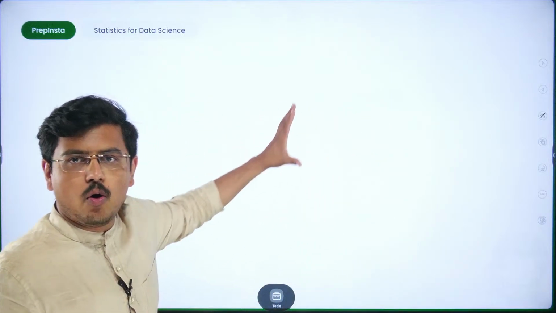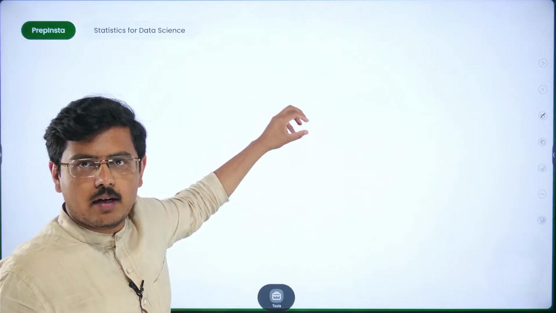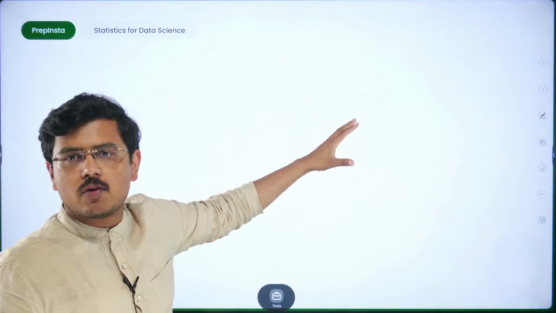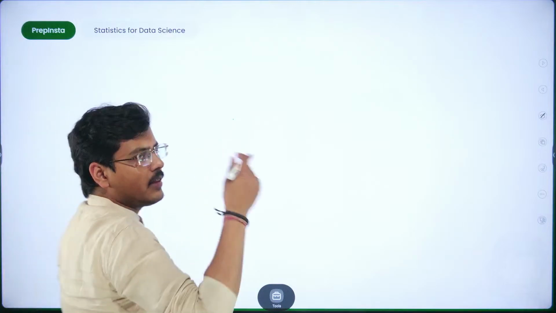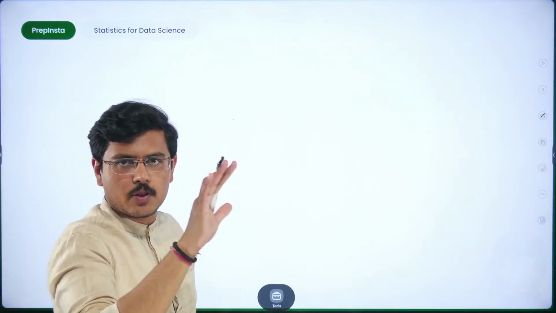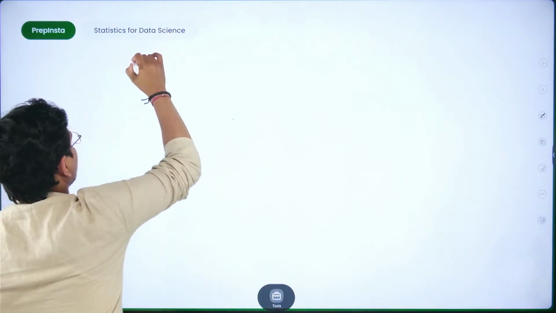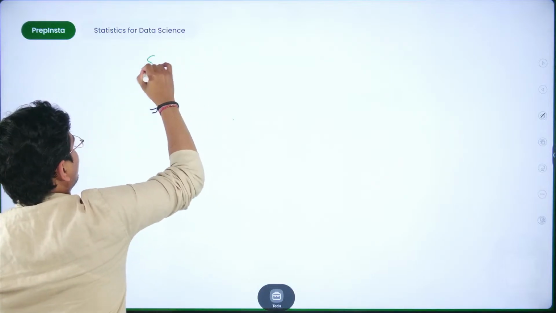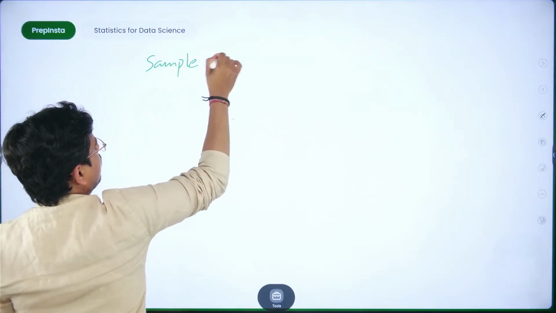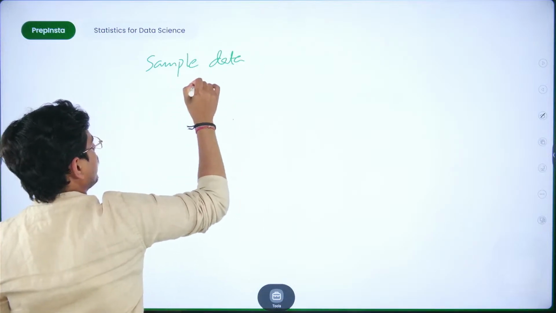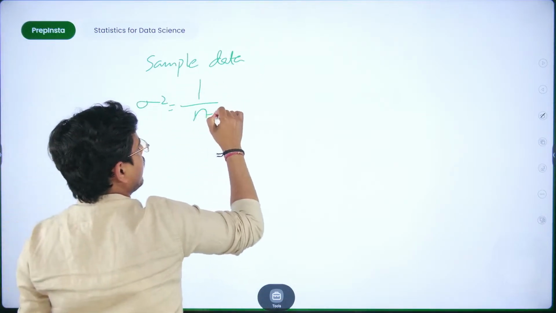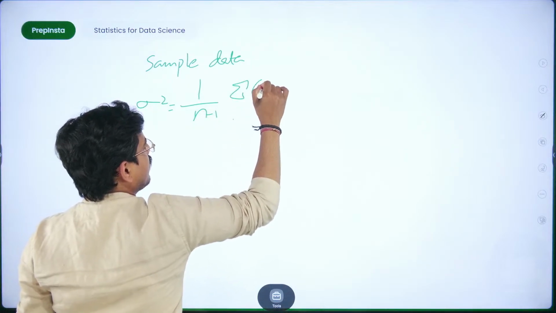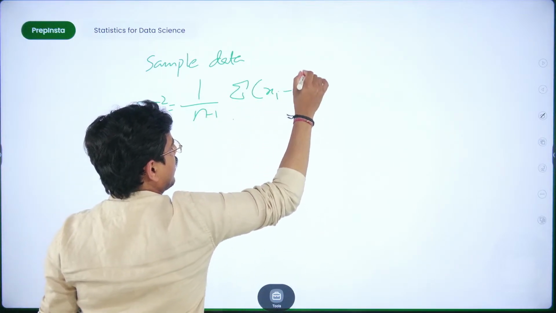You saw how large it was coming out when I divided, what kind of dispersion was existing there. The mean that we got was 45, that much you agree? Now that was a very extrapolated value. So for sample data, sigma square is 1 upon n minus 1, sigma of (xi minus x bar) whole square.